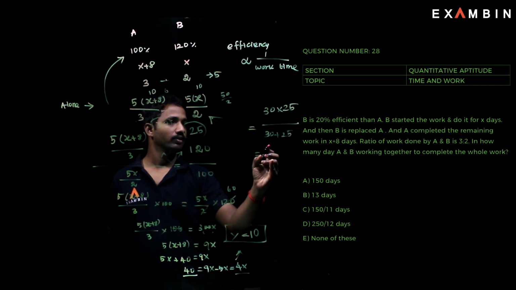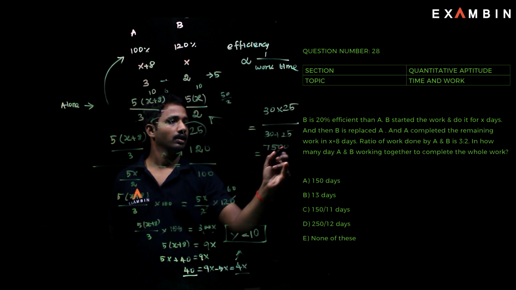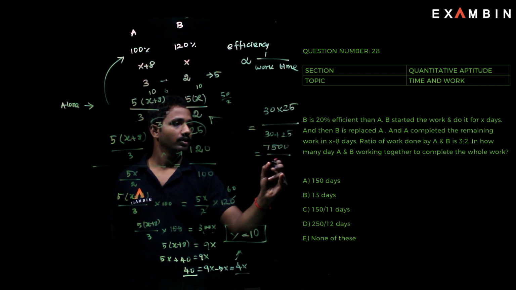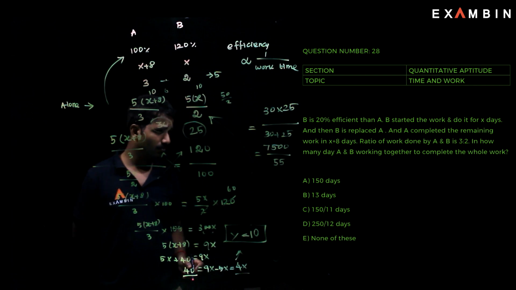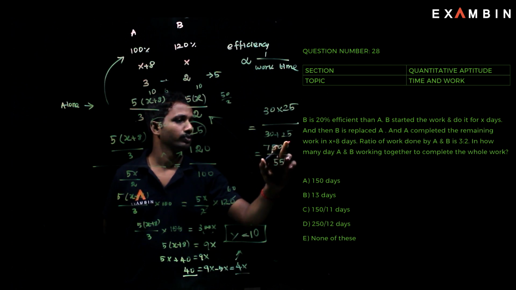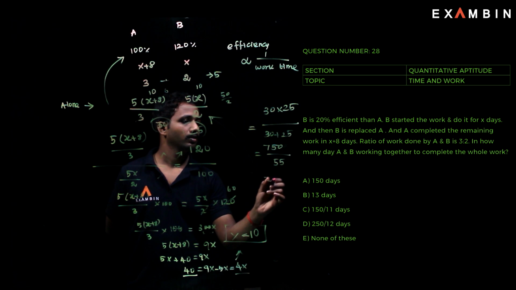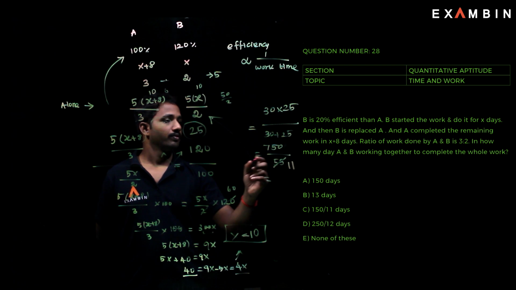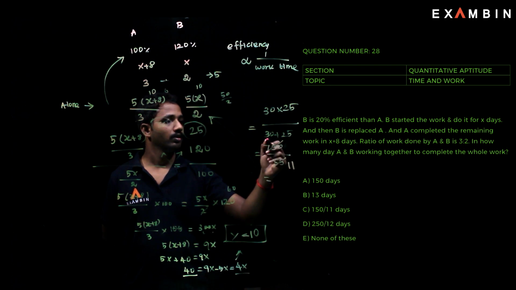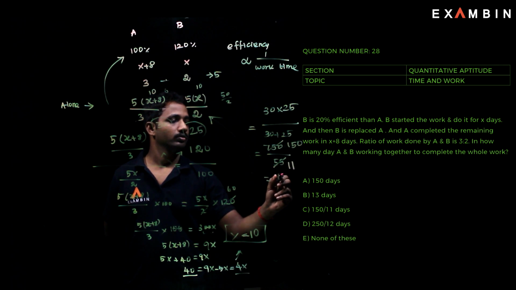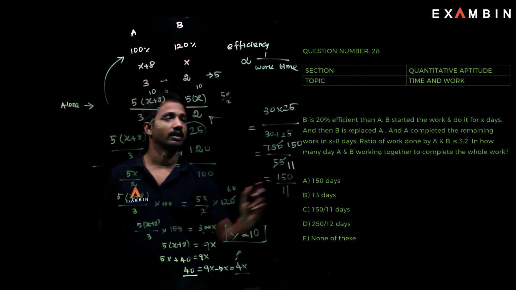So 30 into 25 would be 750. 30 plus 25 is 55. 750 by 55: 5 zero cancels with 0, and 11 fives are 55. 5, 10, 15, 150. So the answer would be 150 by 11.